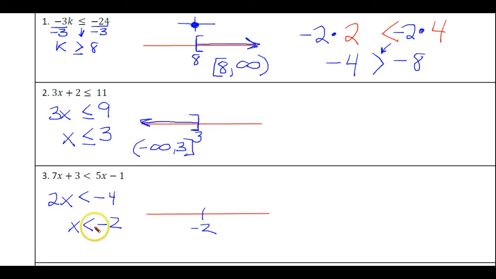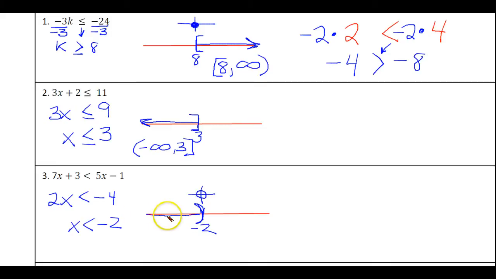And then here also a negative 2. Now this is x is less than negative 2, so negative 2 is not included, and we used to show this by putting a hollow dot at negative 2. Now to indicate that hollow dot, we use a parenthesis. That indicates that negative 2 is not included.